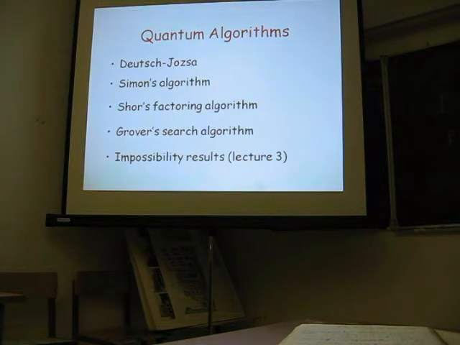And Simon has a problem that still is easy quantum mechanically, so it requires few queries, but requires many queries still, even in the probabilistic setting.